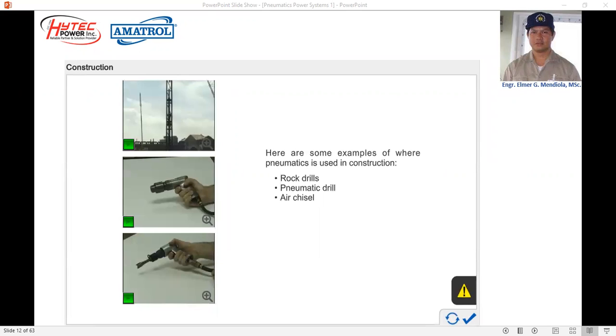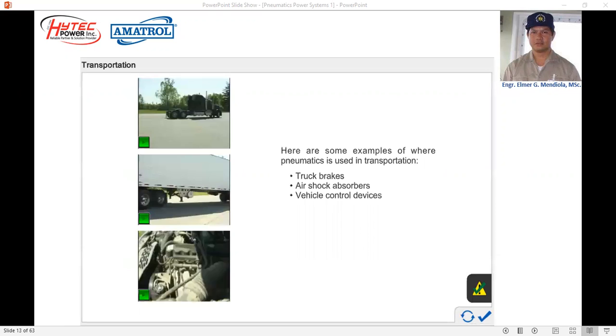In the construction sector, it can be used for rock drills, pneumatic drills, or air chisels. While in the transportation sector, it can be used for truck brakes, air shock absorbers, or vehicle control devices.